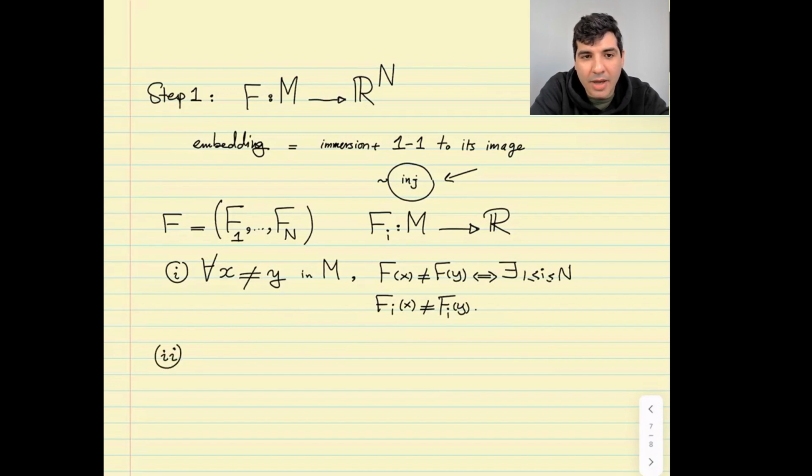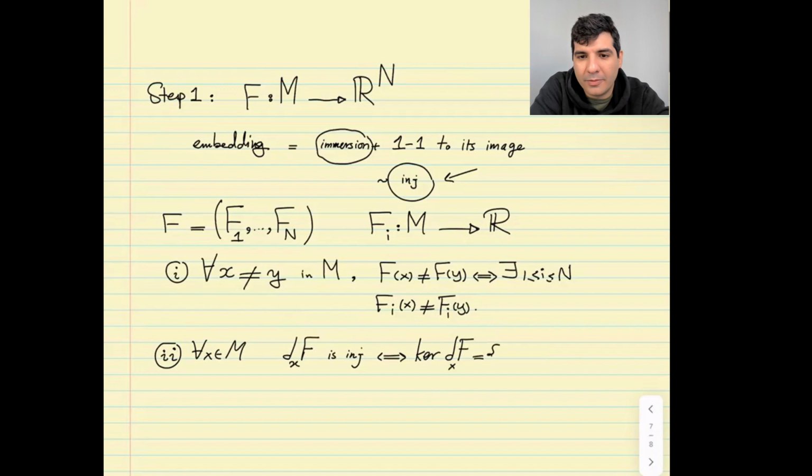The second thing is that the map should be an immersion. What does immersion mean? It means the derivative of f at every point x on M should be injective. So df at x must be an injective map. From linear algebra, we remember a linear map is injective if and only if its kernel is equal to 0. There is no non-trivial vector in the kernel of your linear map.